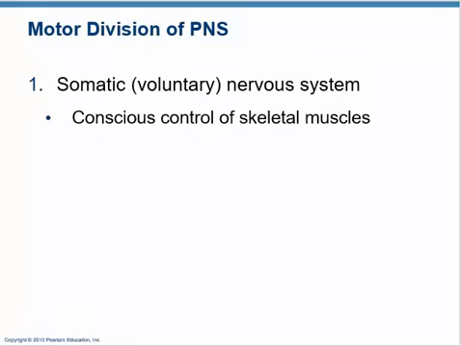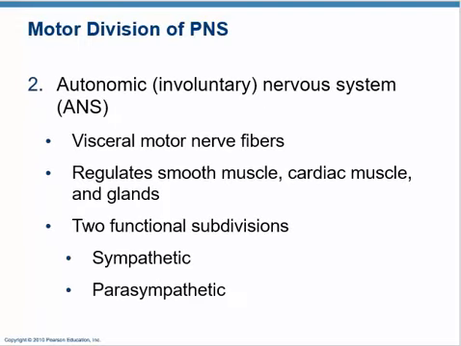Now, the somatic motor division is voluntary control of skeletal muscles and therefore moves joints and affects our body position, things like that. So the somatic motor division is just what it sounds like. It's very straightforward. The visceral motor division is all about controlling organs and such.